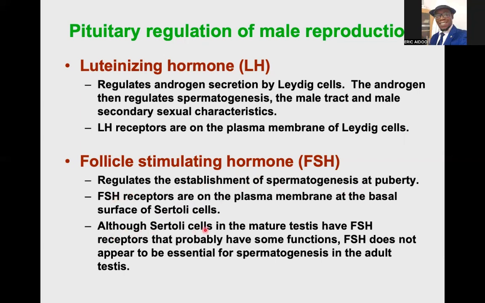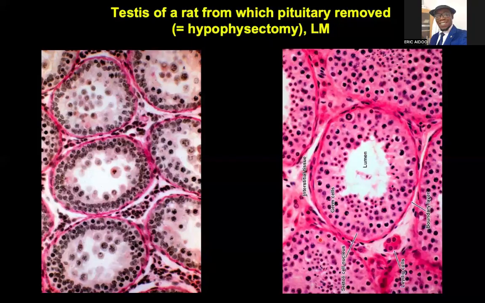Although Sertoli cells in the mature testis have FSH receptors that probably have some functions, FSH does not appear to be essential for spermatogenesis in the adult testis. But we know that FSH plays very crucial roles in the development of the follicles within the ovary of the female reproductive system.